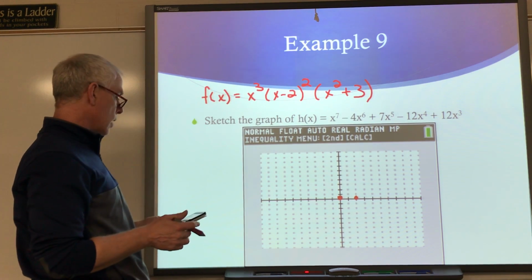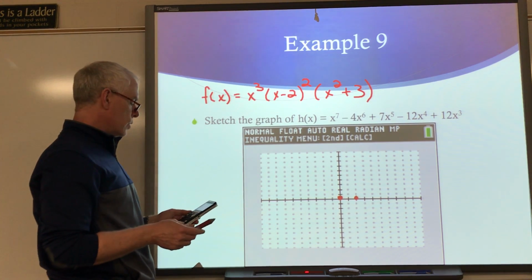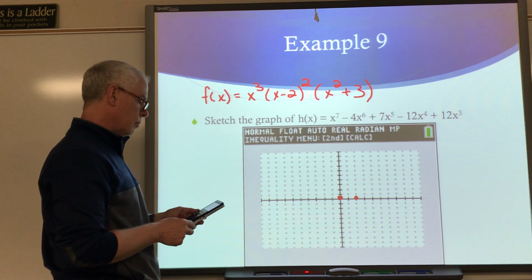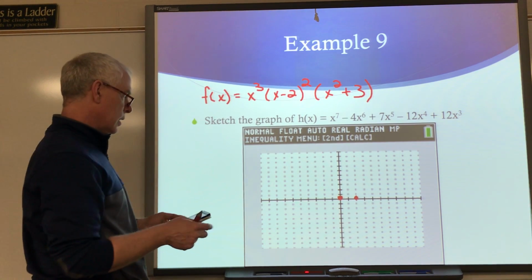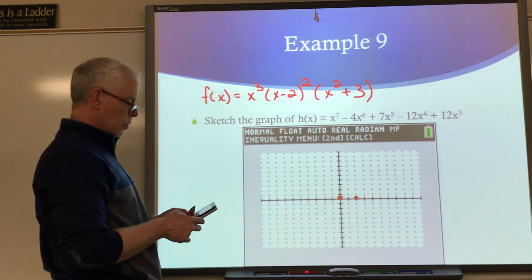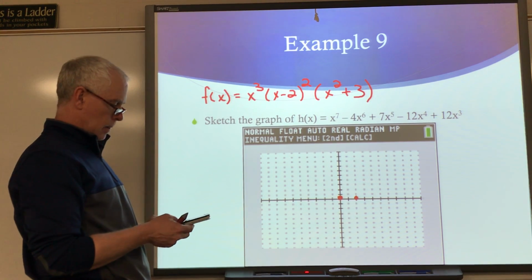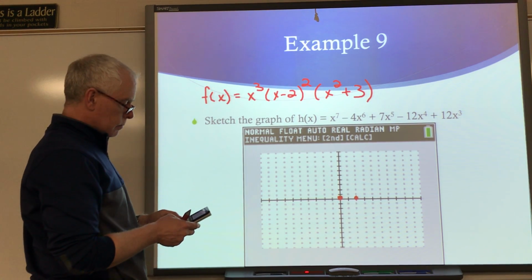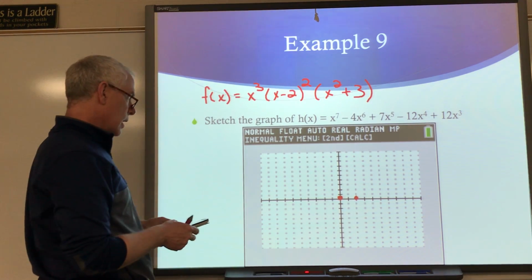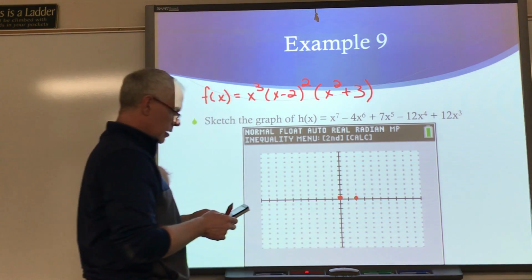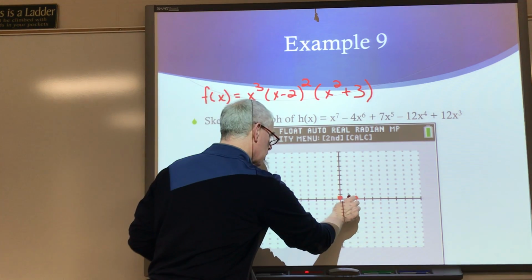We know we're going to cross at 0 and 2. We know it's going to flatten at 0 a little bit. We know that we're going to bounce at 2. Now we just need a couple of points. So if I go into my table, -1 gets me -36 already, so I'm way down there. In between the 0 and the 2 at 1, I get a 4.